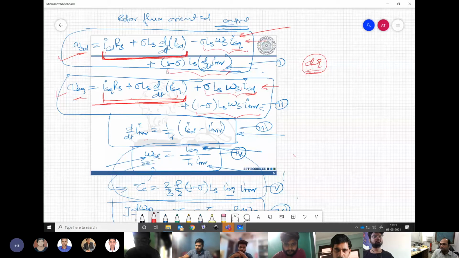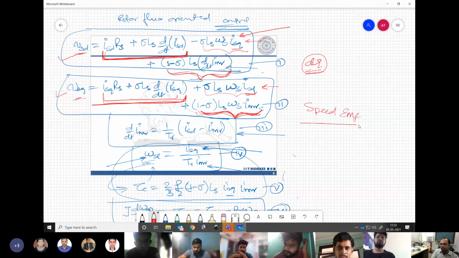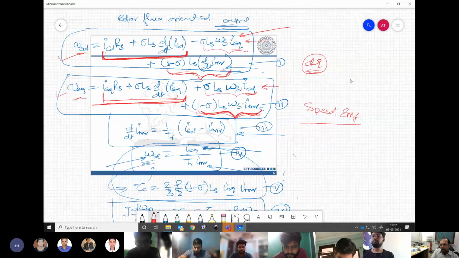Then the fourth term, this is coming on account of IMR. So we can say to an extent that yes, it is similar to your speed EMF. The only thing to notice over here is that generally dIMR by dt in steady state condition is 0.